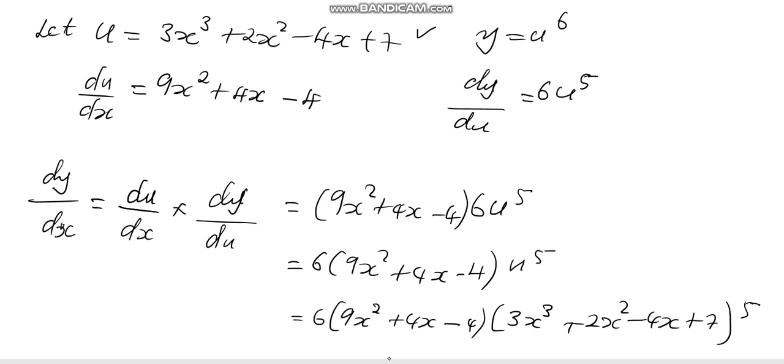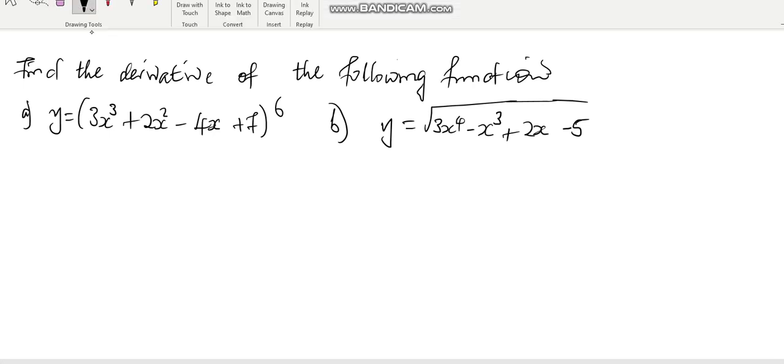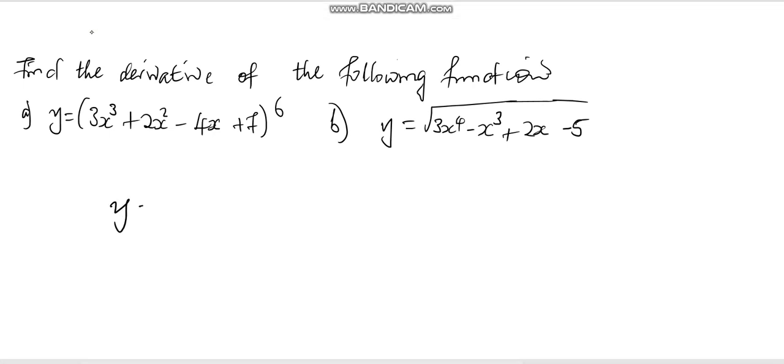Okay, let's go ahead and solve the next one. The next question we're looking at is b. For b we have y equal to the root of 3x to the power 4 minus x to the power 3 plus 2x minus 5.